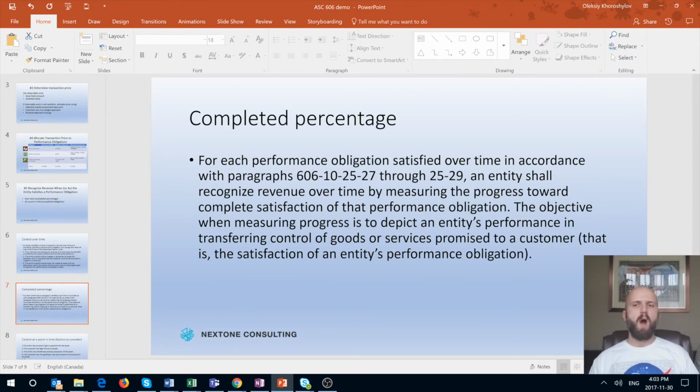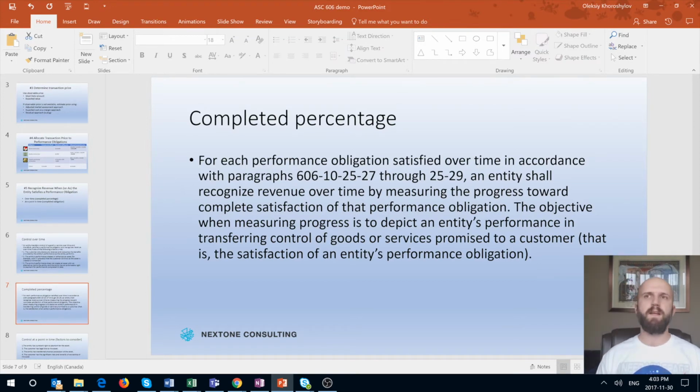Now, once we qualify to recognize revenue over time, how much revenue do we recognize every month? That's when the completed percentage comes into play. And this is a quote from the document: entities shall recognize revenue over time by measuring the progress towards complete satisfaction of that performance obligation.